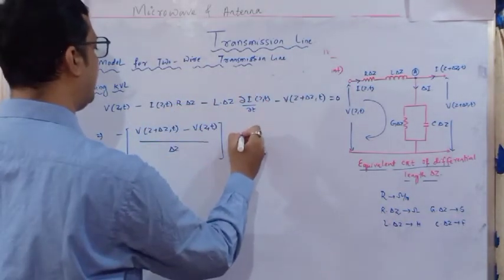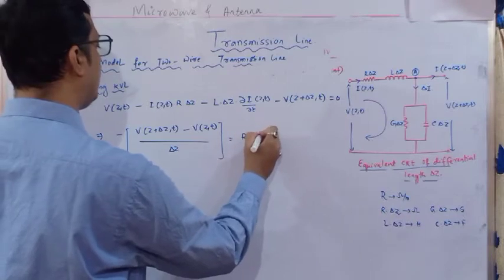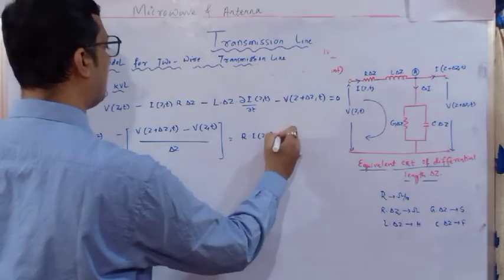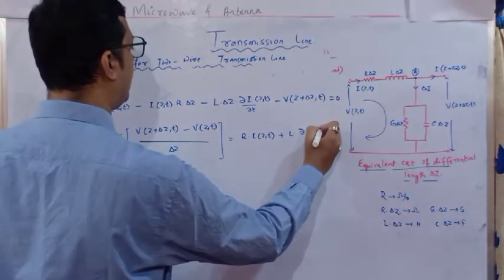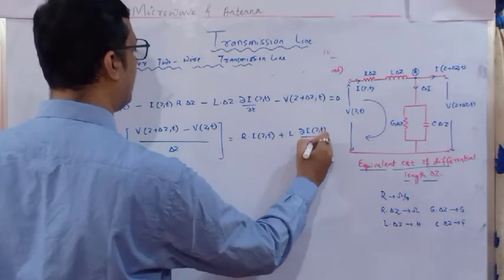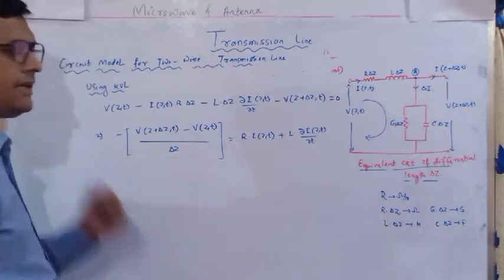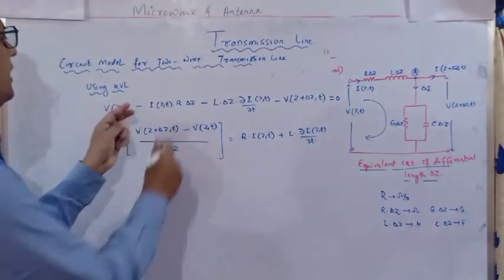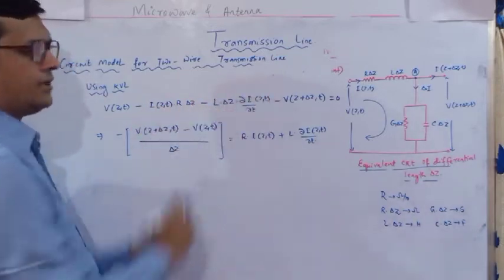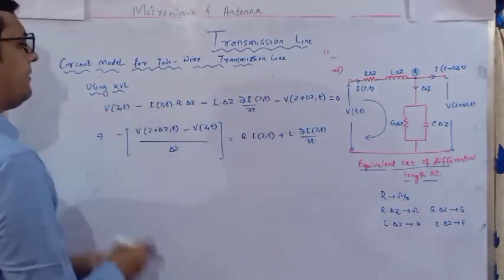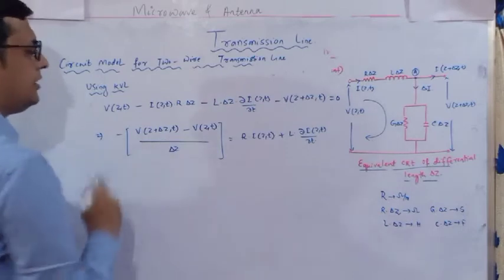So here I will write R into I of Z comma T plus L del I of Z comma T by del T. So this is my equation. What I have done is take these two parameters to the right hand side, take del Z common, rearrange this factor, and take del Z to the denominator.